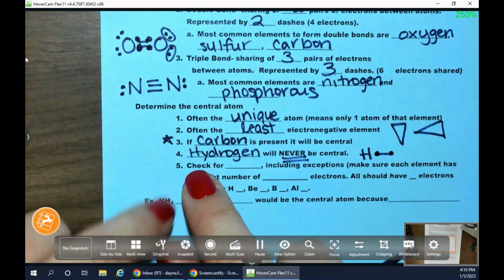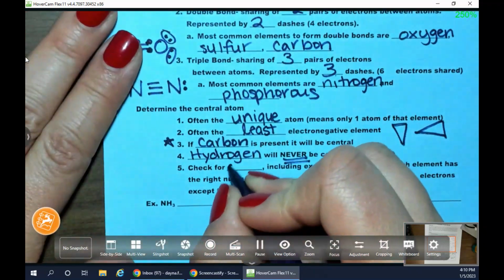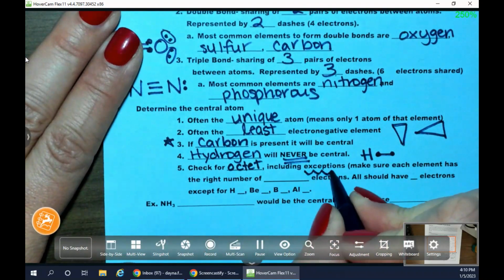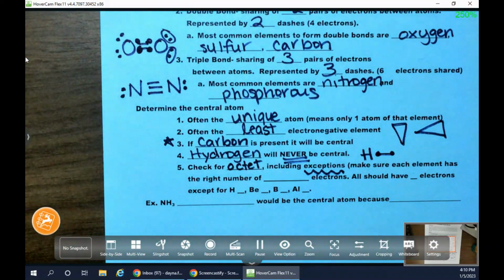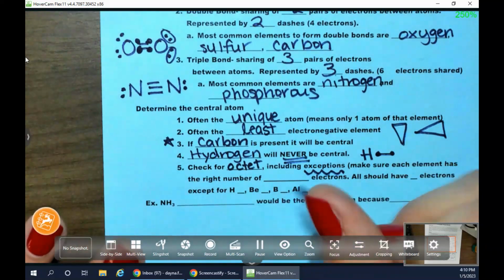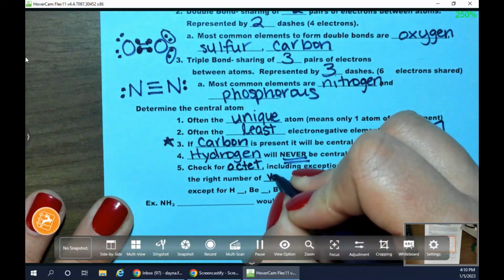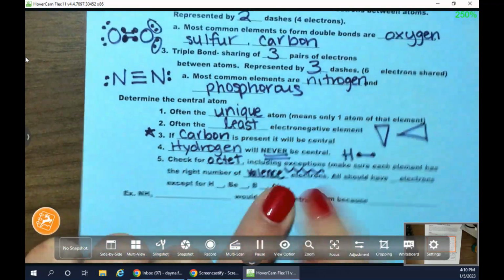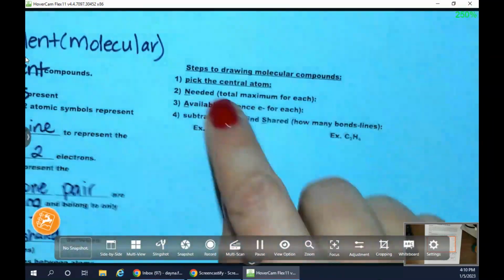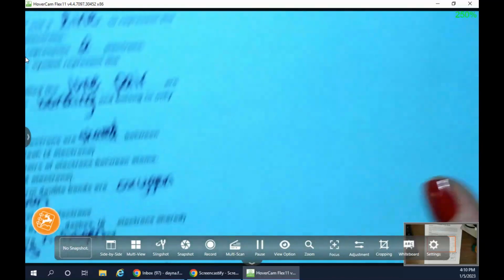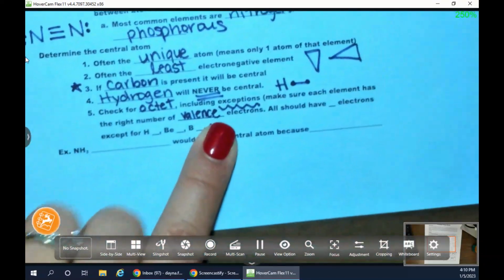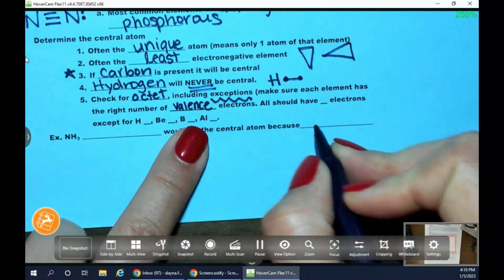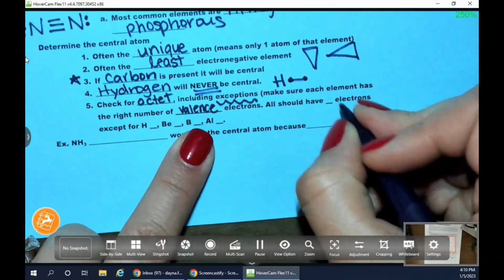You're going to always check for your octet rules, including the exceptions. So hydrogen is one of the exceptions. So make sure the element has the right number of valence electrons. Some of you guys, by the way, are up here. I think most of you should be writing up here. This is where I'm not going to match up completely, but the word is still the same. So all should have how many?